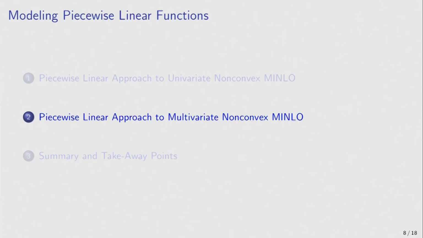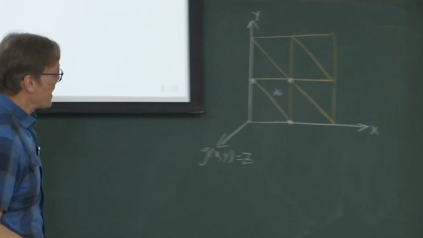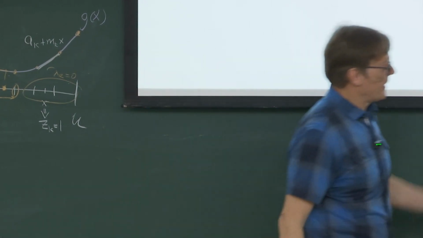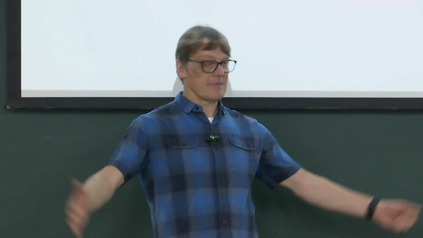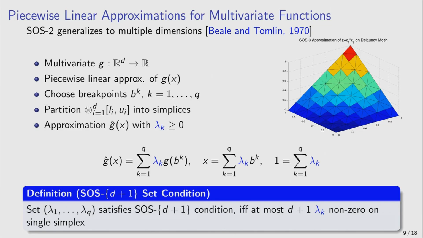I'm going to have my special ordered set of type 3 that you suggested by saying, if I'm at this point here, then at most the 3 adjacent ones are going to be non-zero, and I form convex combinations. That's it. It's easy. And you can do this in 4, in 8, in 24 dimensions. So that's all. So here's just a picture that shows this in a different way.